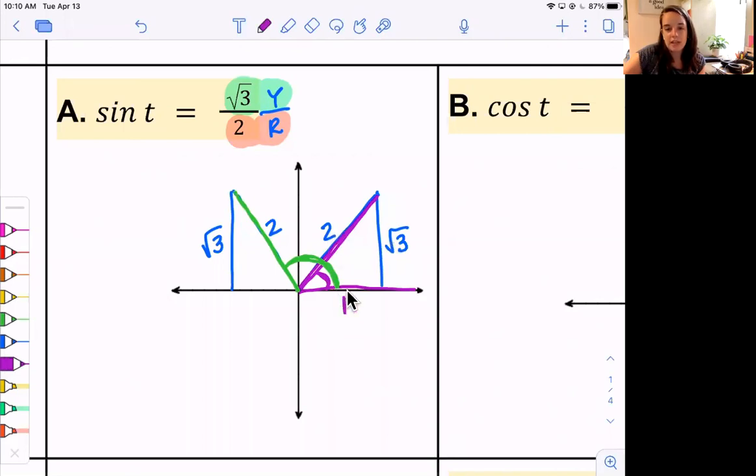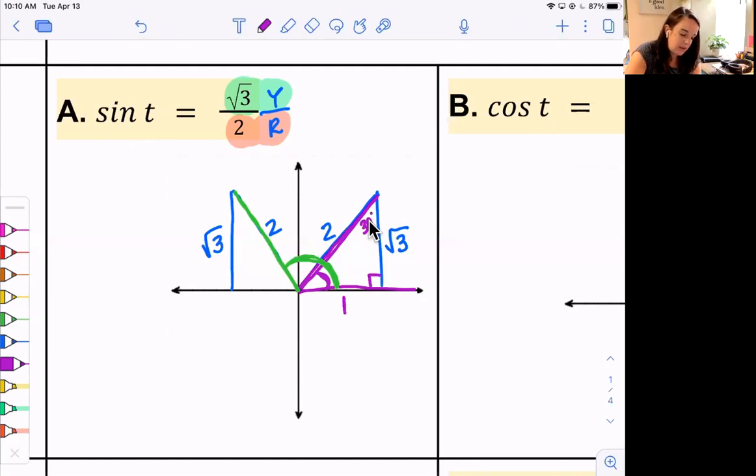Remember that the shortest side goes across from the shortest angle. So is this going to be 30 or 60 up here across from the 1? 30 or 60? Shortest side, shortest angle. Yes, absolutely. 30. This is my 90 for sure.